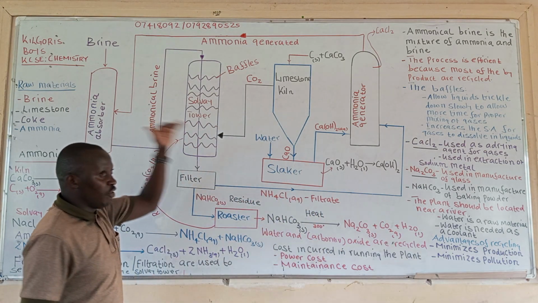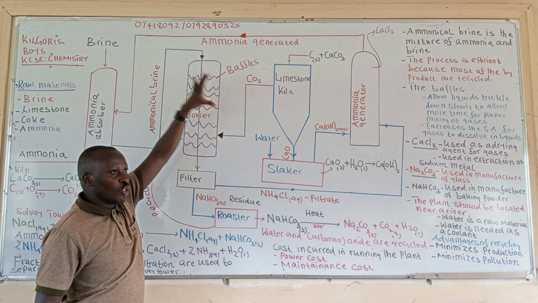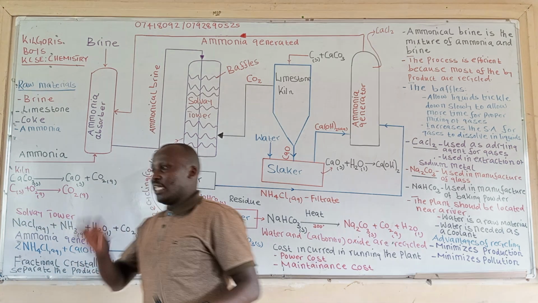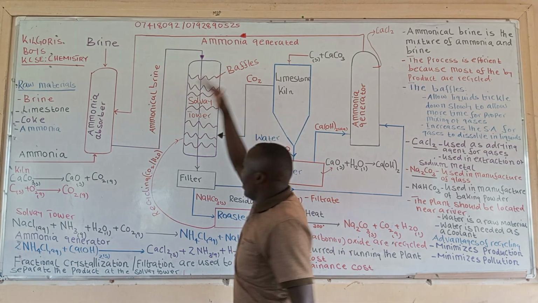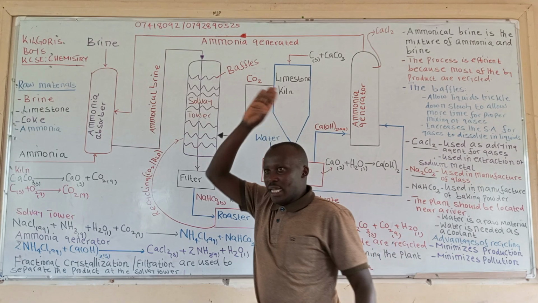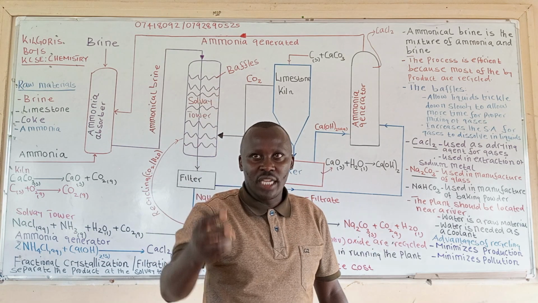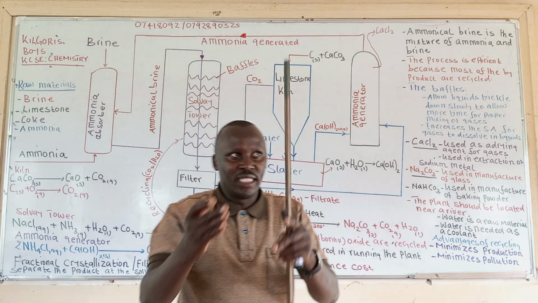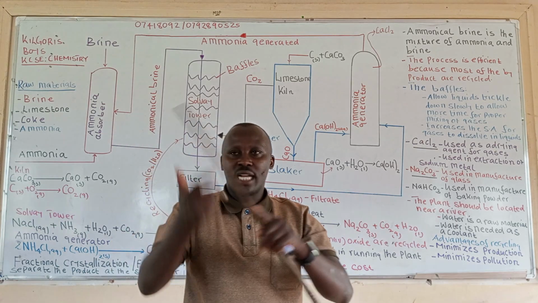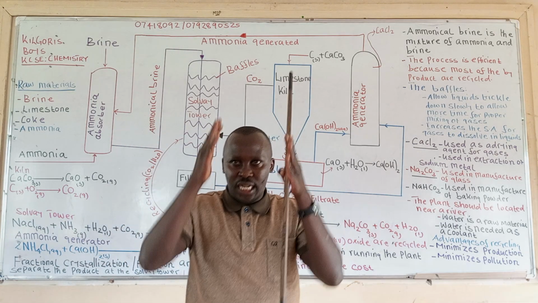It is very important to understand that there is a reaction at the upper part and another at the lower part. At the upper part, ammonia, water and carbon dioxide combine to form ammonium hydrogen carbonate.